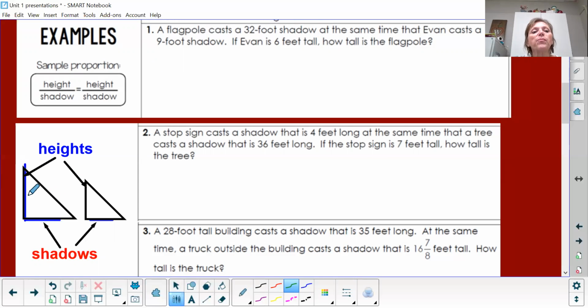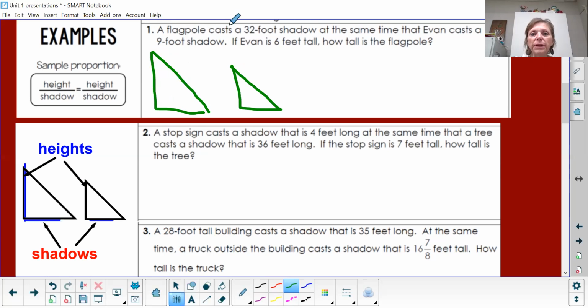Since we're going to be using shadows for all of these problems, go ahead and draw a generic set of triangles. And remember, this is a height and this is a shadow. So we read the problem and put numbers where they should be.